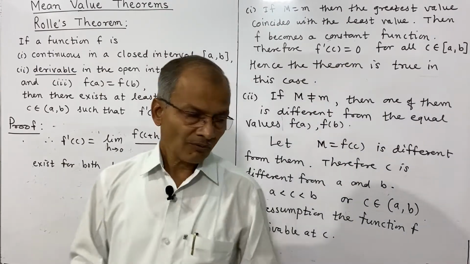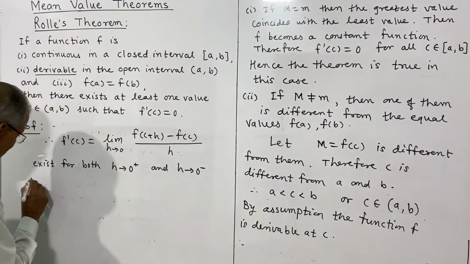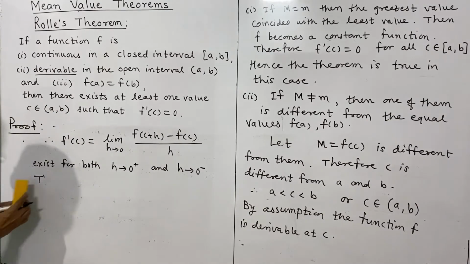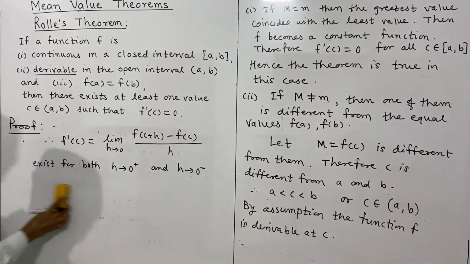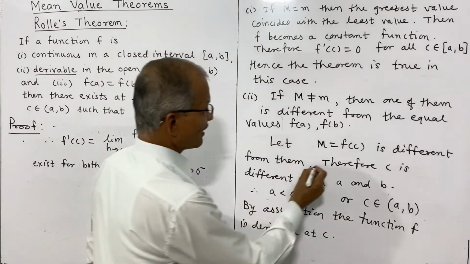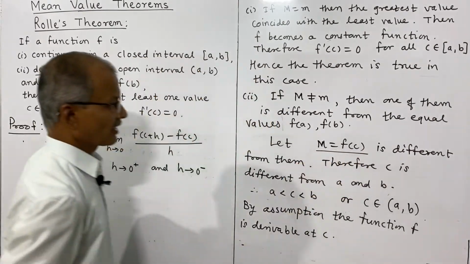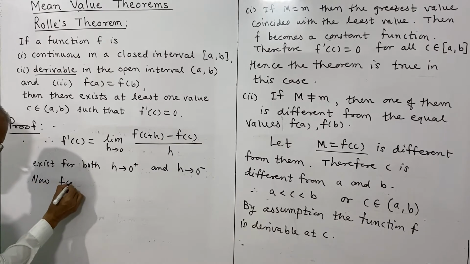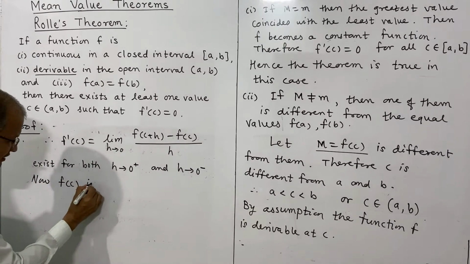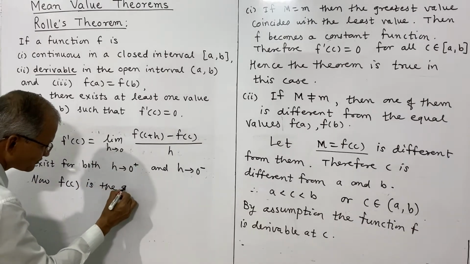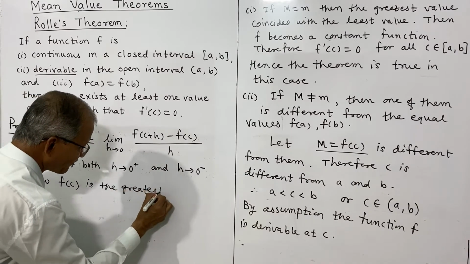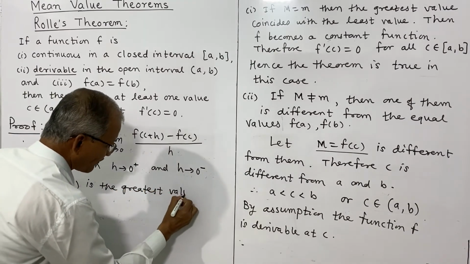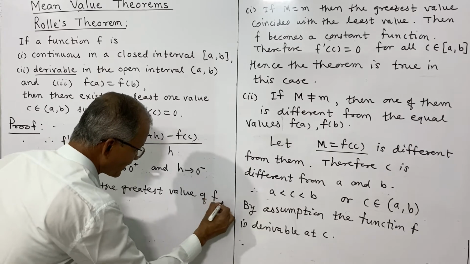So now we shall see. Thus f of c is maximum. We have seen here the maximum value is M. F of c is the greatest or maximum value of f.